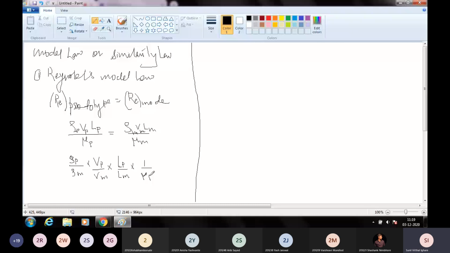I have only taken the right side to the denominator. Rho P divided by rho M I write as a scale ratio, rho R. In a similar way, Vp divided by Vm is Vr, the velocity scale ratio, and LR is the length scale ratio, divided by mu R, is equal to 1.